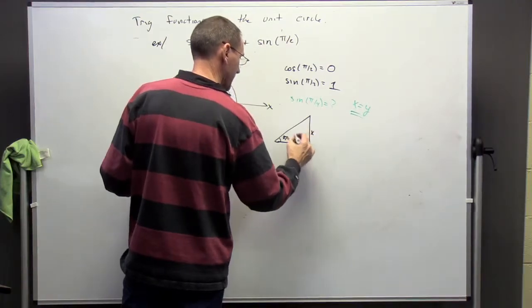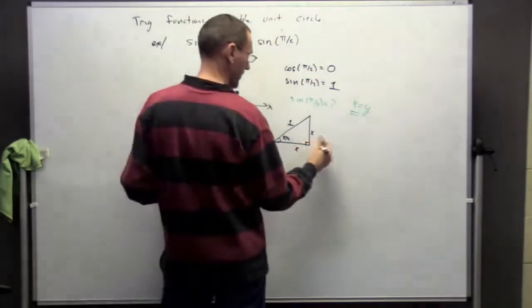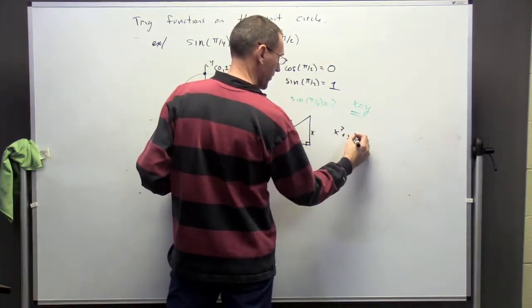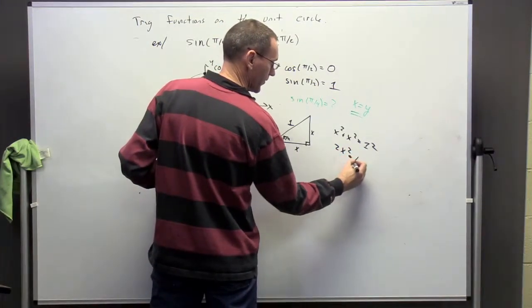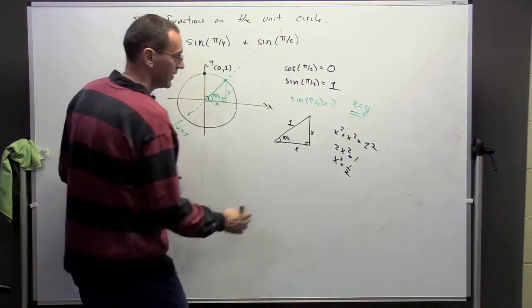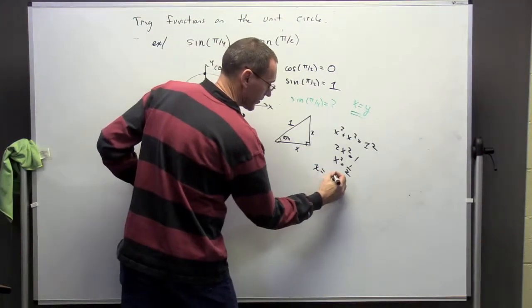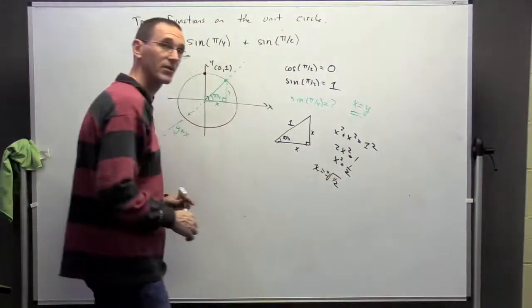So I know that's x, and it's a unit circle, so I know that's 1. If I use the Pythagorean Theorem, I know that x squared plus x squared equals 1 squared. So 2x squared equals 1. x squared is 1/2. So x is the square root of 1/2. I've got to be careful, it's plus or minus.